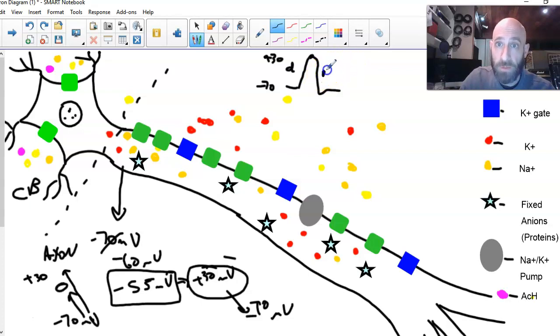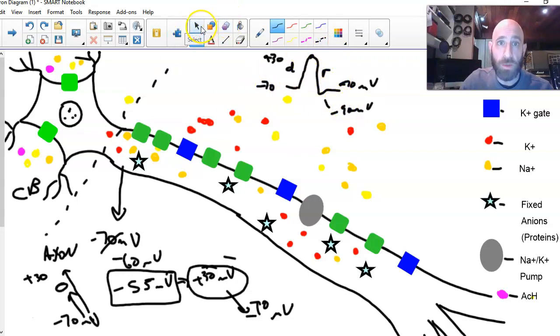We're going to call that repolarization, and that's going to bring it all the way back down to negative 70, which is going to be our resting potential. It actually dips down to negative 90, and we're going to talk more about that later. That's called hyperpolarization. And there's a time period where that neuron is hyperpolarized, but we're going to talk more about that in a little while. For right now, I just want you to know that it gets depolarized and then it gets repolarized. Just like a seesaw, it goes up, it's got to come back down again.